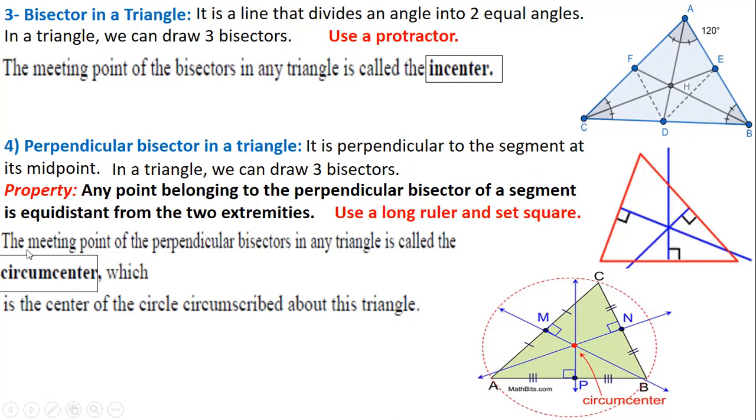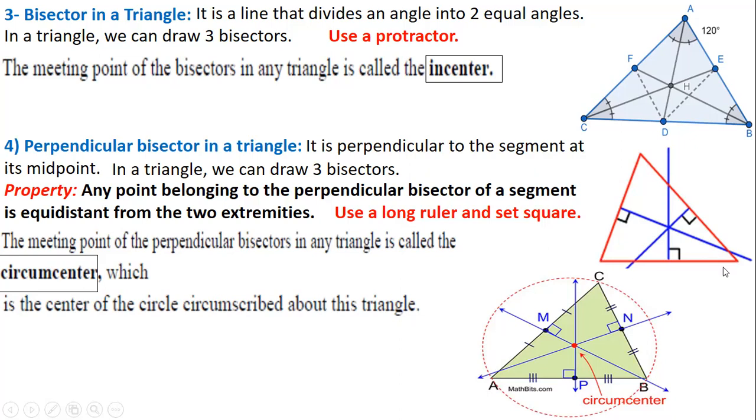Why do we call it the circumcenter? It is the center of the circle circumscribed about the triangle ABC. So after marking this point, which is the circumcenter, if I bring the compass, I put the needle here and I open my compass till this vertex and I draw a circle.